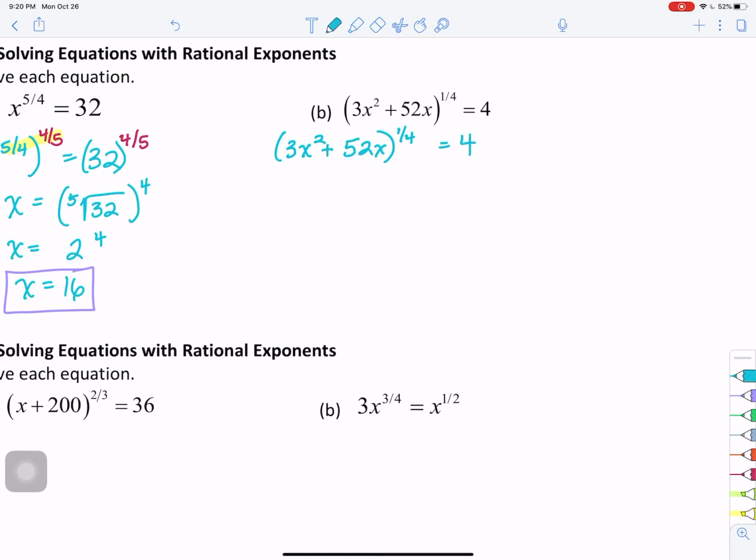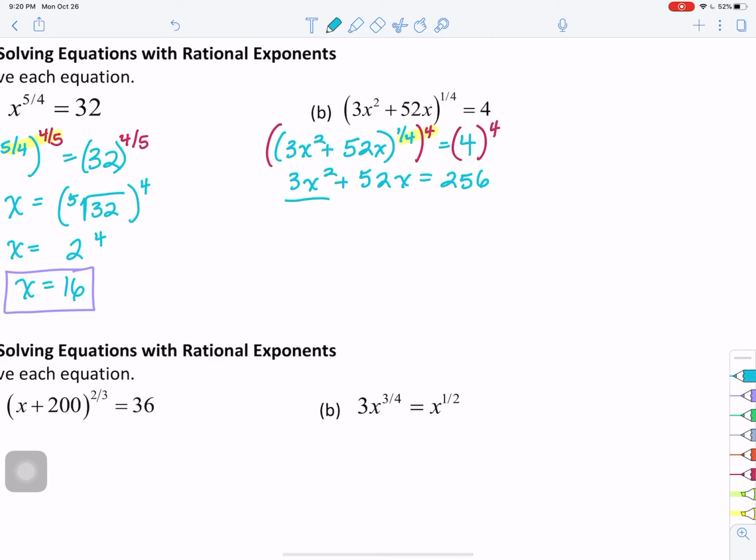On the left-hand side, we have to first raise both sides to the 4th power. Why did I do that? Because 1/4 times 4 is equal to 1. So we end up with 3x squared plus 52x equals 4 to the 4th power, and that is 256.